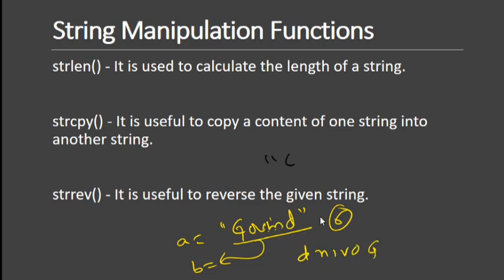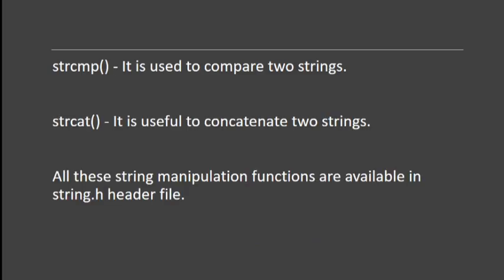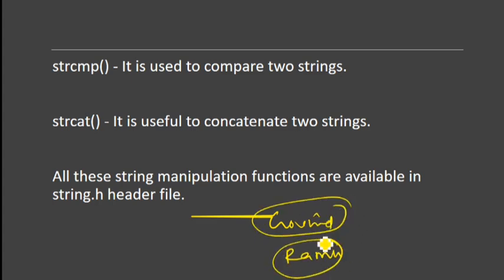We'll discuss this in a separate topic on string manipulation functions. String compare means I am writing two strings and checking whether they are equal or not. These are not equal. If both are equal, it gives true. If both are not equal, it gives false.